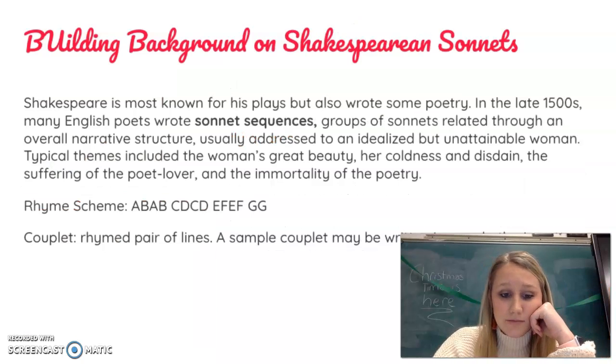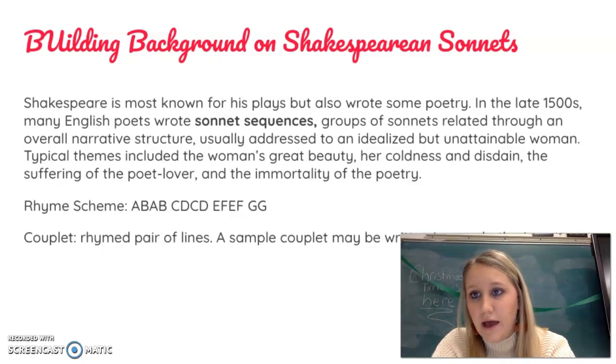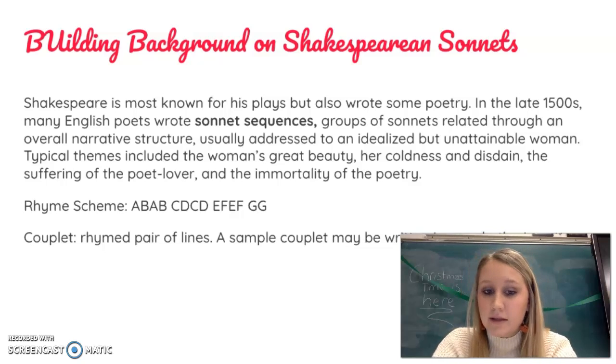Now, the rhyme scheme for these sonnets is A, B, A, B, C, D, C, D, E, F, E, F, G, G. That last GG is your rhymed couplet. So if you have bat, you could say bat, fat, cat, sat, anything that rhymes.